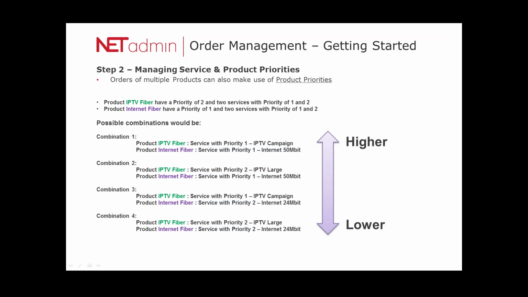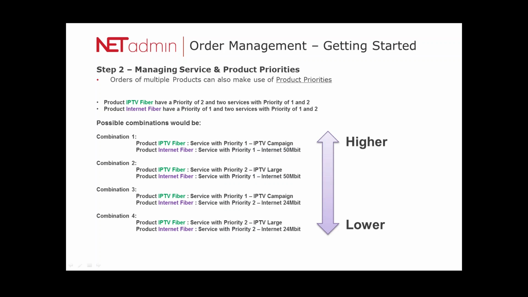And let's say that each one of these products have two different types of services with priority 1 and 2. So that would mean that you have four different combinations that could be provisioned if you order the product, IPTV and internet in the same order.